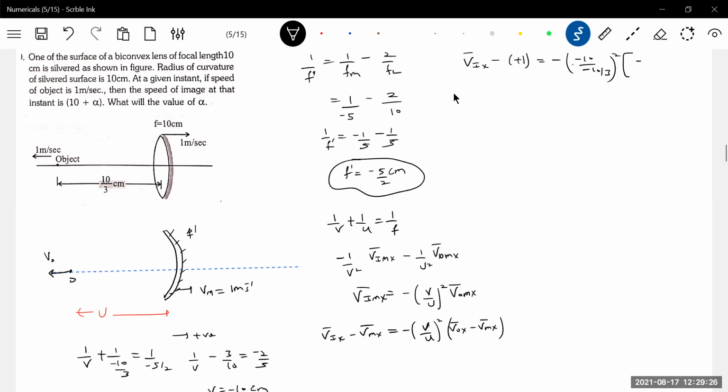Velocity of object minus 1. Velocity of mirror plus 1.